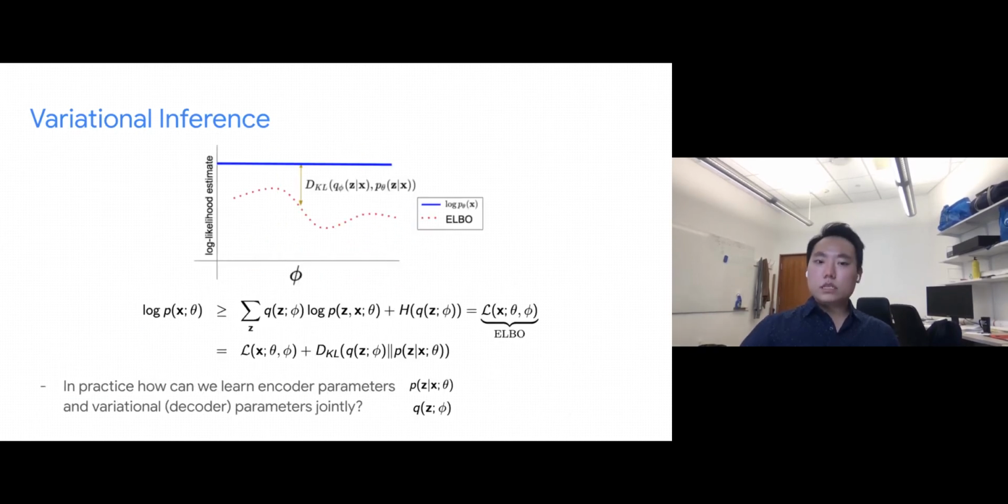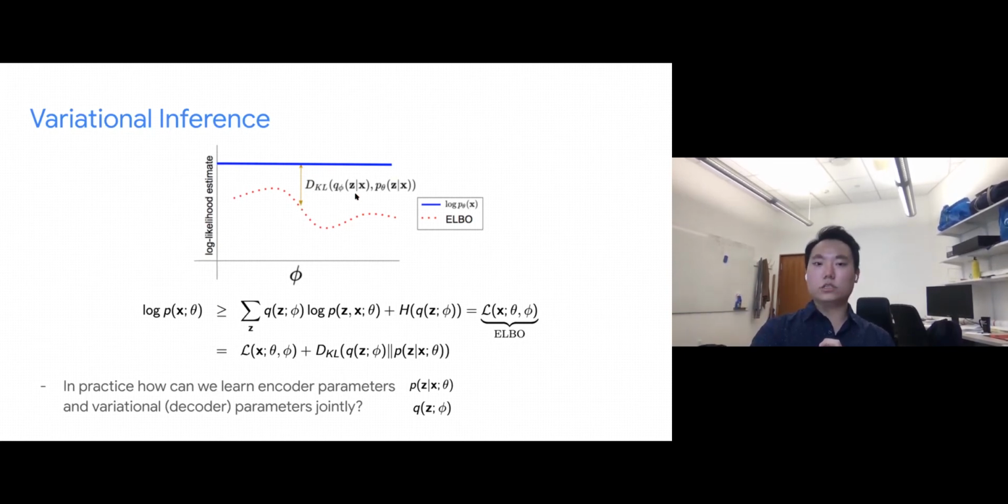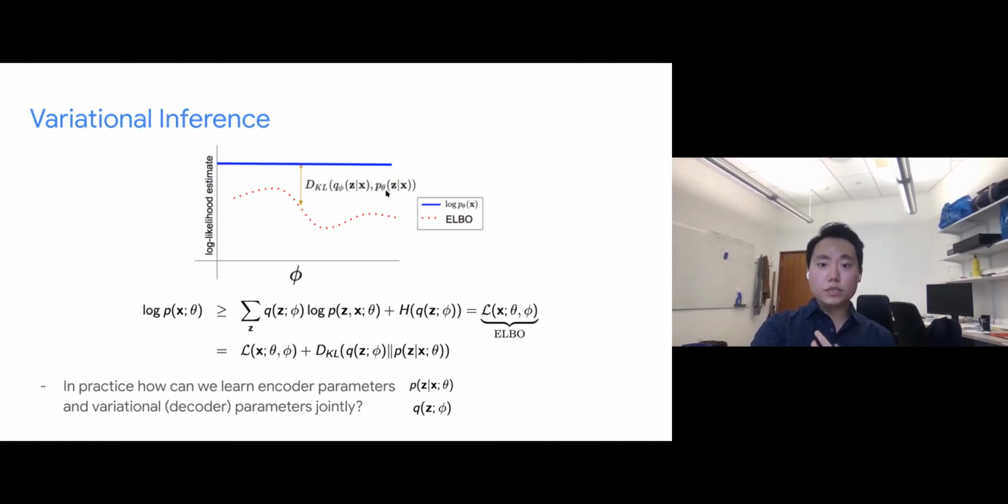So now we've turned it into an optimization problem, where phi is all possible settings of your variational parameters, and each particular setting of phi defines your evidence lower bound in red. At the same time, it also defines a KL divergence between q of z, as given by your variational parameters, and your actual posterior, which is hard to compute.